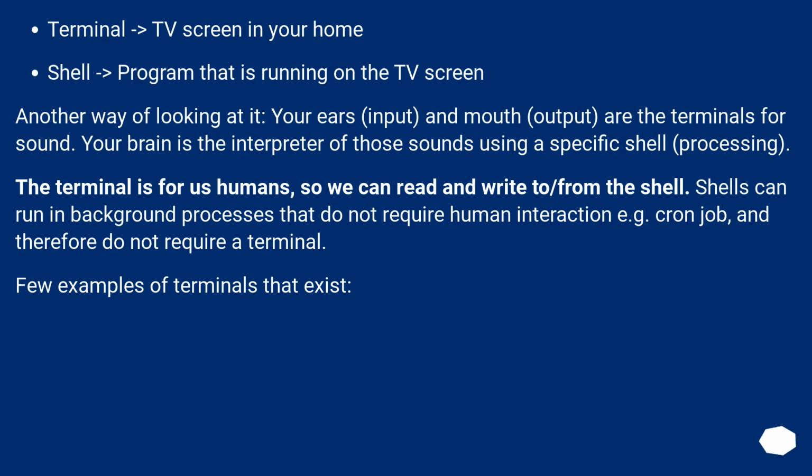Your brain is the interpreter of those sounds using a specific shell, processing. The terminal is for us humans, so we can read and write to and from the shell. Shells can run in background processes that do not require human interaction, for example cron job, and therefore do not require a terminal.